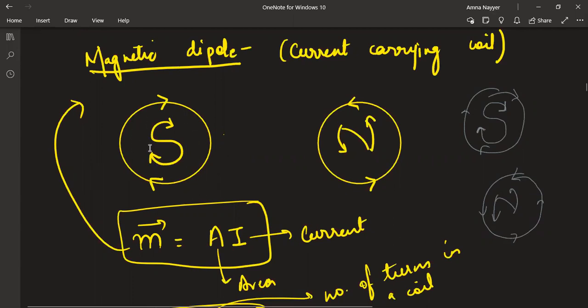Just draw an S, and mark arrows at the edges. The directions of the arrows will give you the direction of current for this particular polarity. Same way for north, you draw an N and mark an arrow at the terminals of it. You'll notice that whatever is the direction of this N, that is exactly the direction of the current. So this is how to find the current direction in a current carrying coil, and write down the magnetic dipole for the current carrying coil.